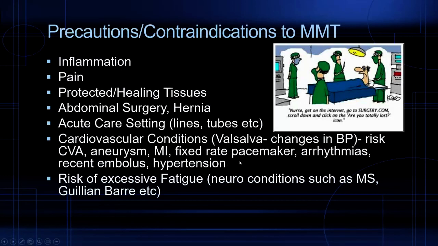Also, if they have a pacemaker that's at a fixed rate, you want to use care when you test, because you don't want their heart rate to spike. The same goes for any cardiac abnormalities or arrhythmias, a recent embolus, or high blood pressure. Now, you can do manual muscle testing.